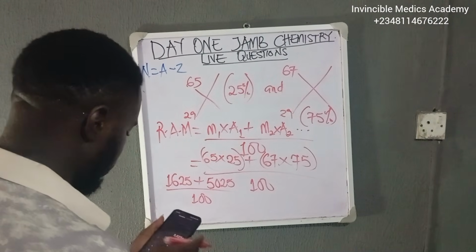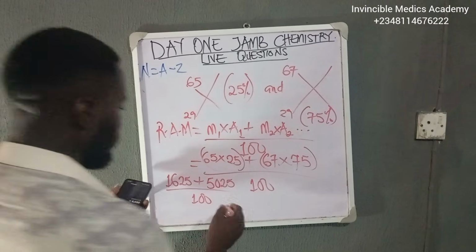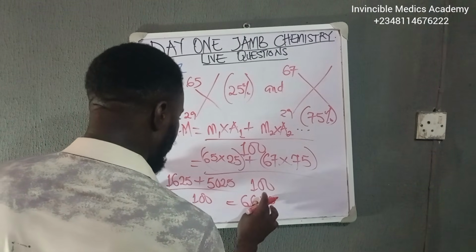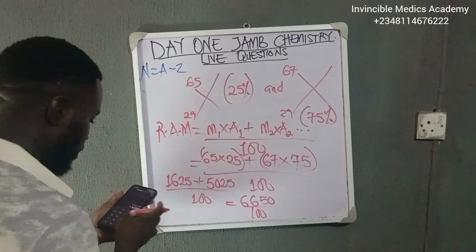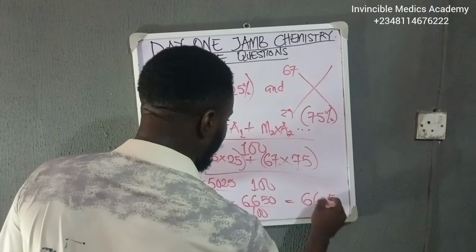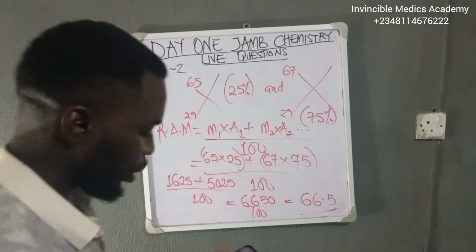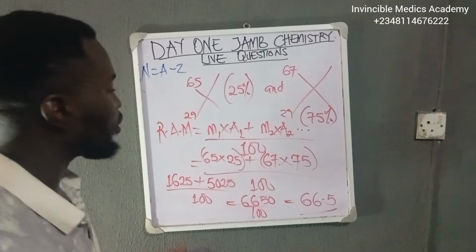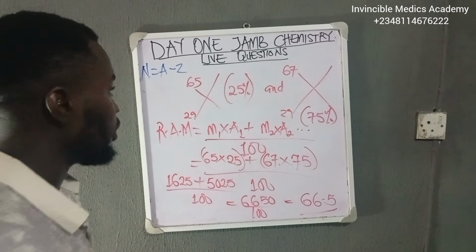So add up. This will give you 6650 divided by 100. And what do you have? 66.5. And that's which option? Option C. So option C is the correct answer to this question.